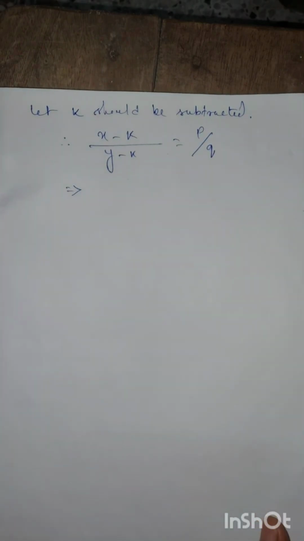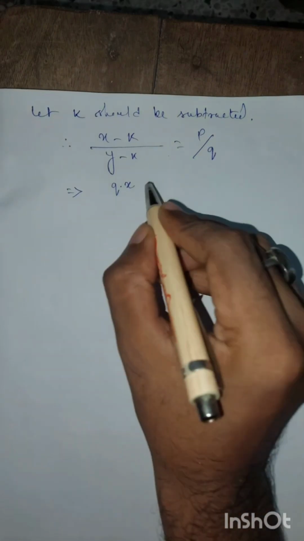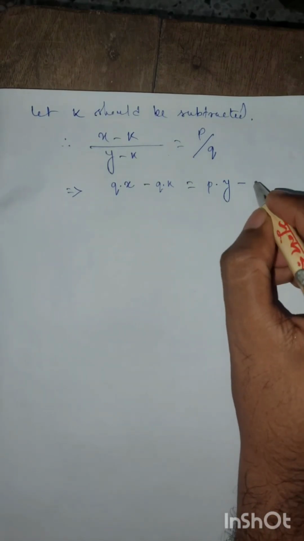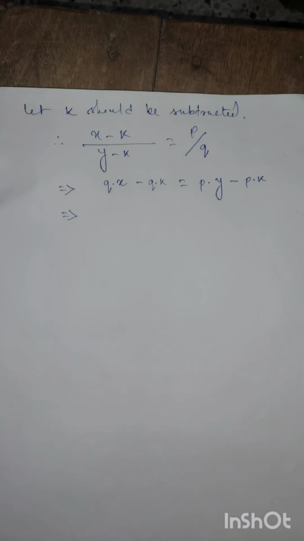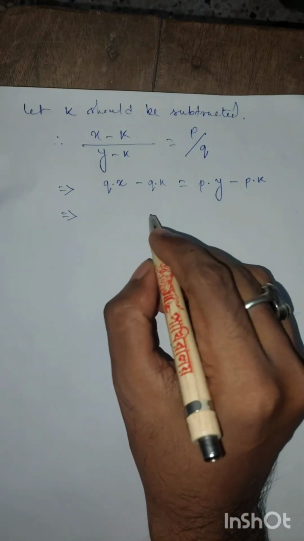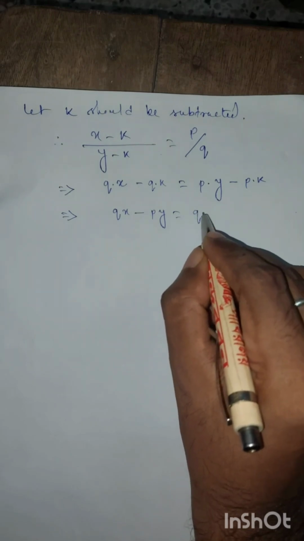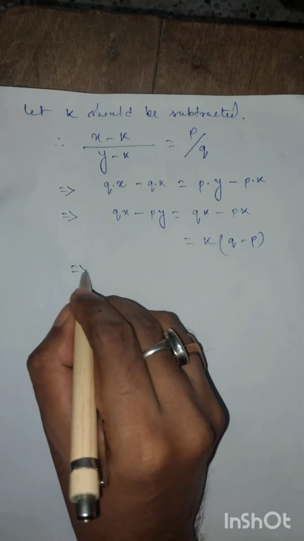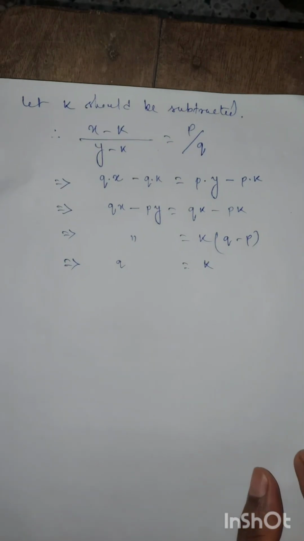So cross multiplying we get, this is ditto mark.